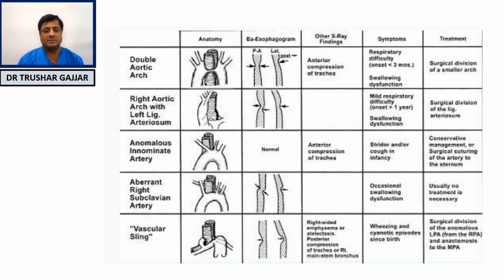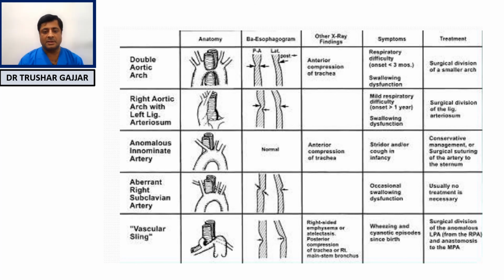So these are the anomalies with their symptoms. Double aortic arch will compress the esophagus, and can be diagnosed in the esophagogram, anterior and posterior compression, or by CTPA nowadays. Right aortic arch will compress the esophagus with the ligamentum arteriosus.